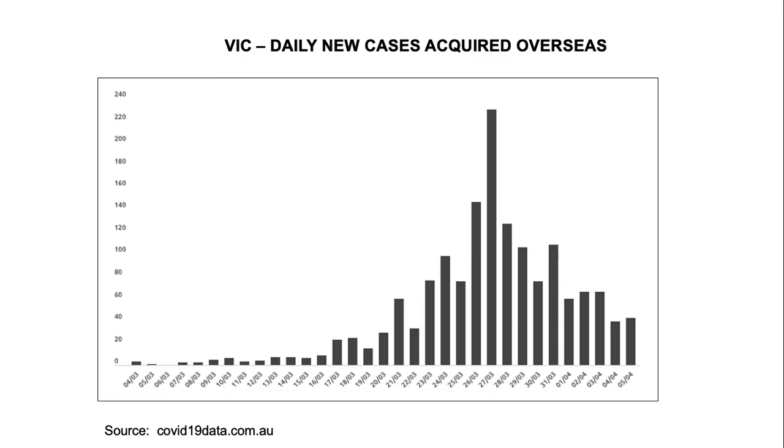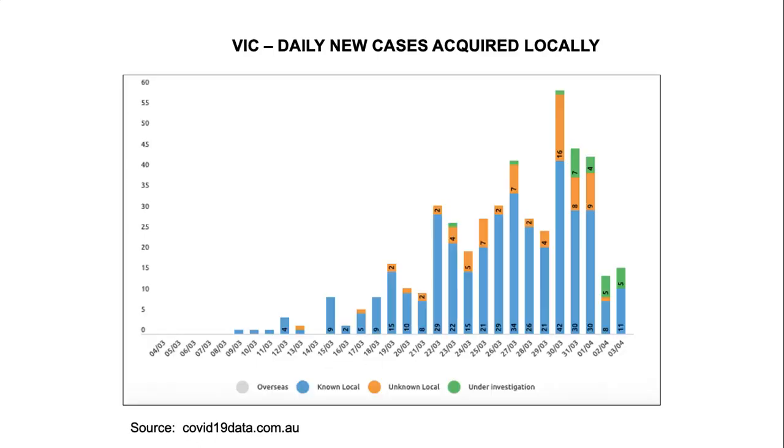And then finally, let's look at the locally transmitted cases. And certainly the chart appears to show that it has peaked and they've come down in the last 2 days. But one summer doesn't make a swallow, as they say. Or have I got that the wrong way around?